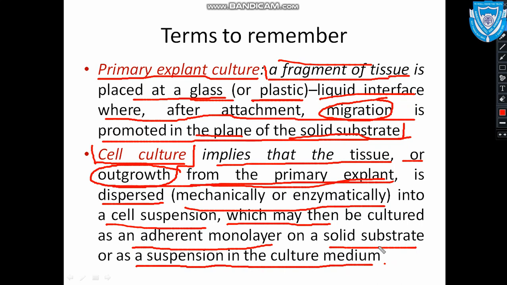One is the adherent monolayer or attached cell culture, and the other is suspension culture. Suspension means these cells are suspended in the media, and adherent means they are attached to the plastic surface or the culture vessel surface. So these two terms, primary explant culture and cell culture.